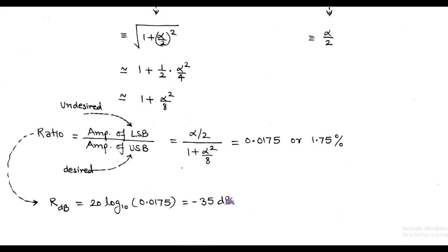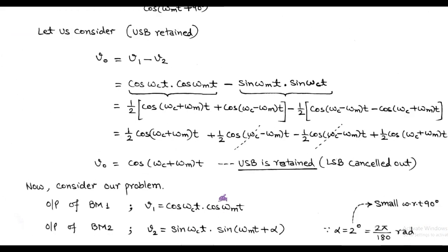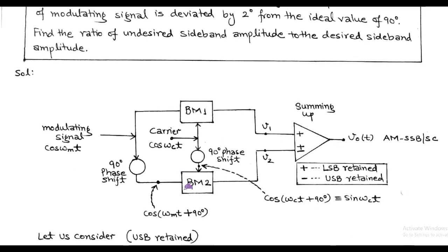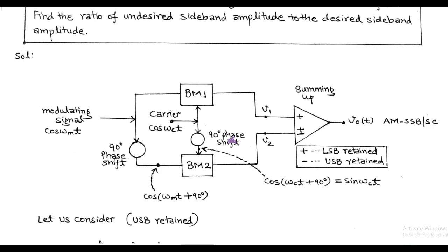So in this way we can solve the problem of the SSB generator. Here the SSB generator is of phase shift type, and the output is single sideband suppressed carrier. In order to retain the lower sideband, we take a positive sign, and in order to retain the upper sideband, we take a negative sign.